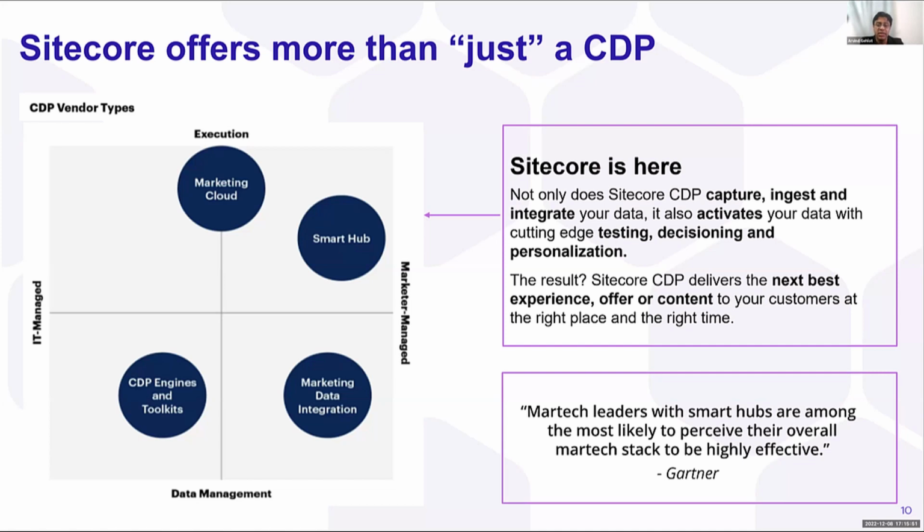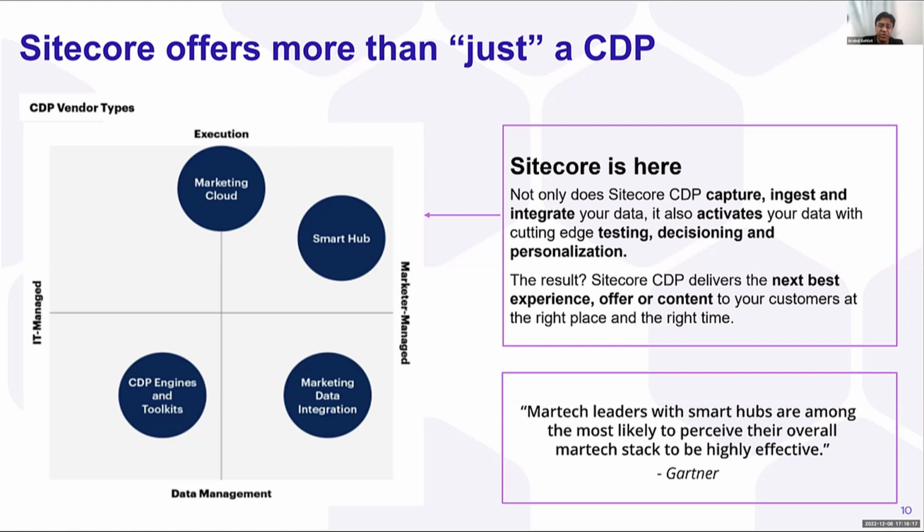As a result, Sitecore CDP delivers the next best experience, offer, and content to your customer at the right place at the right time. So it's very clear that Smart Hub is the way to get the best of both worlds, from a marketing cloud and marketing data integration point of view. So Sitecore CDP is right there.